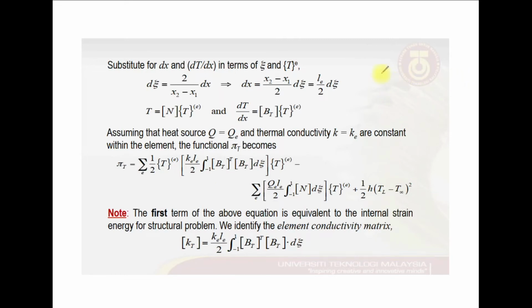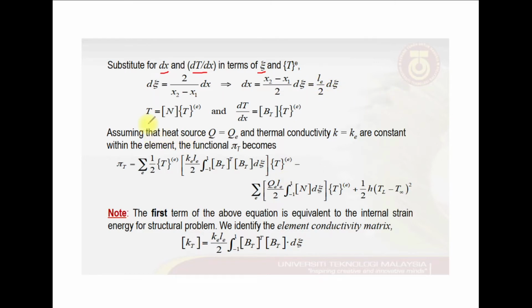If we substitute the terms dx and dT over dx with the ones in the natural coordinate system, the term dz is equal to 2 over x2 minus x1 multiplied by dx, and the term dx is equal to the length of the element over 2 multiplied by dz.